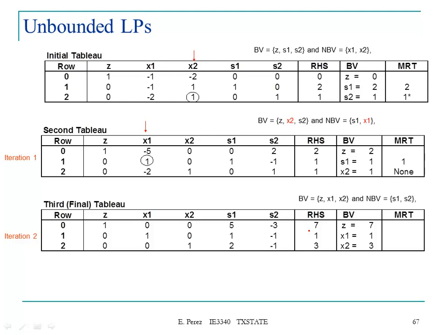Because remember, with an unbounded problem, you can have something like this, and this is your feasible region. This area. And if this is a maximization problem and you have an isoprofit curve, let's say the isoprofit curve is something like this, when you move that isoprofit curve, it will move this way.